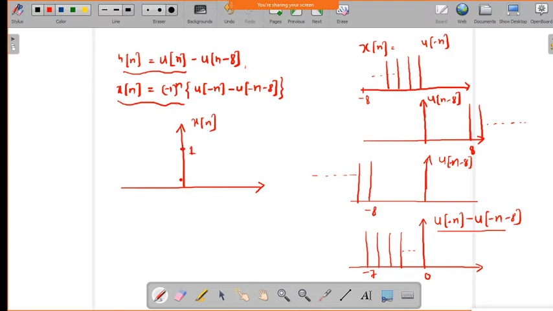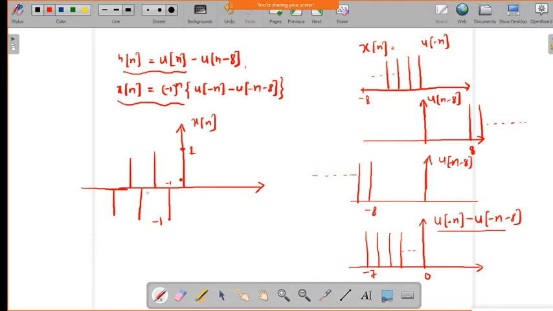At n equal to 1 it will be negative, so minus 1. Similarly you will go on getting alternating values: plus 1, minus 1, plus 1, minus 1, like this.